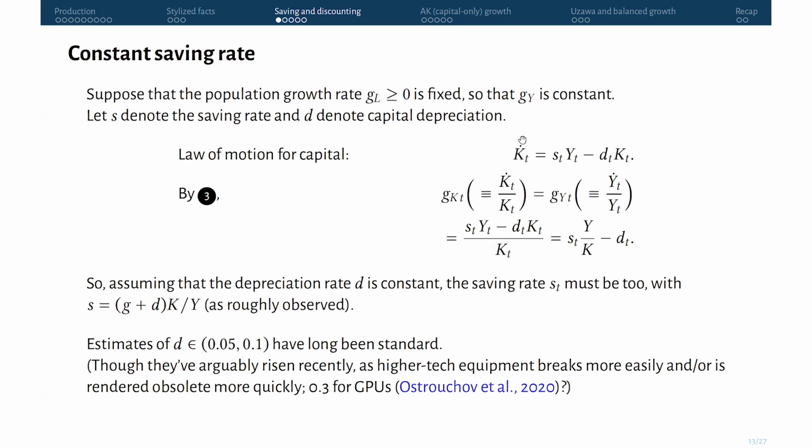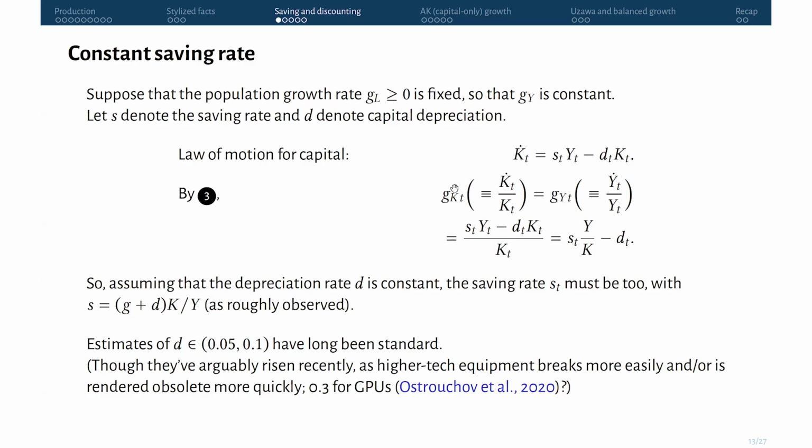The rate at which we pile up more capital this year is the fraction of this year's output we save, so the fraction we save times the quantity that we produced, minus the total amount of capital that depreciates, which will be the depreciation rate times the capital stock. That's the first thing to notice.